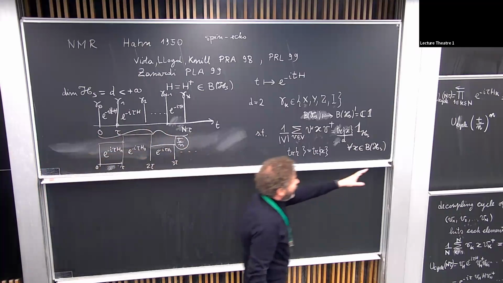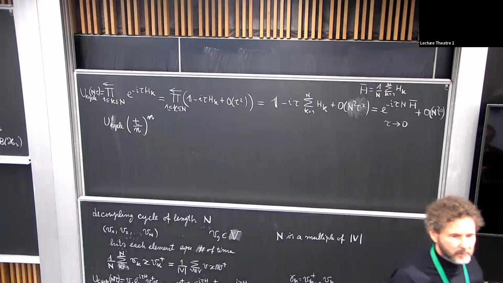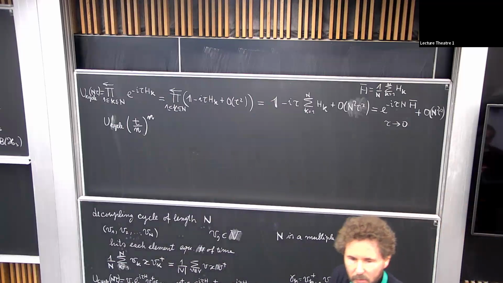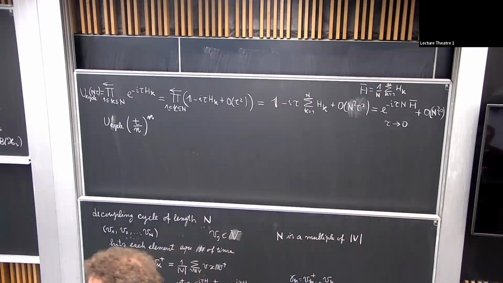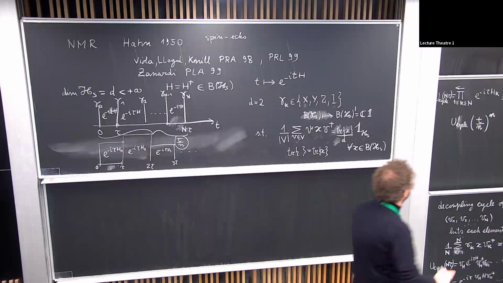And I will eventually look at the limit n to infinity. So the duration of the cycle is smaller and smaller, and you have a larger and larger number of repetitions of the cycle.